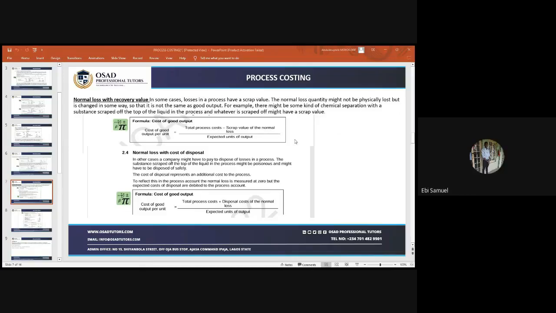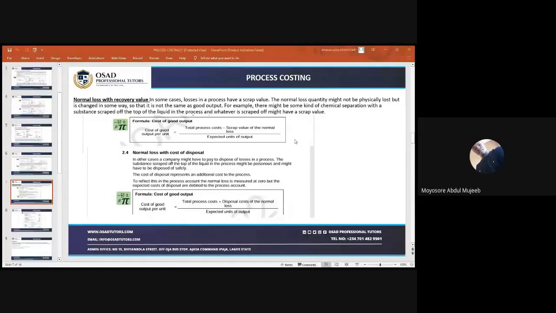Scrap value is the value of those waste products that amounted to loss. Okay. Any idea? No idea.